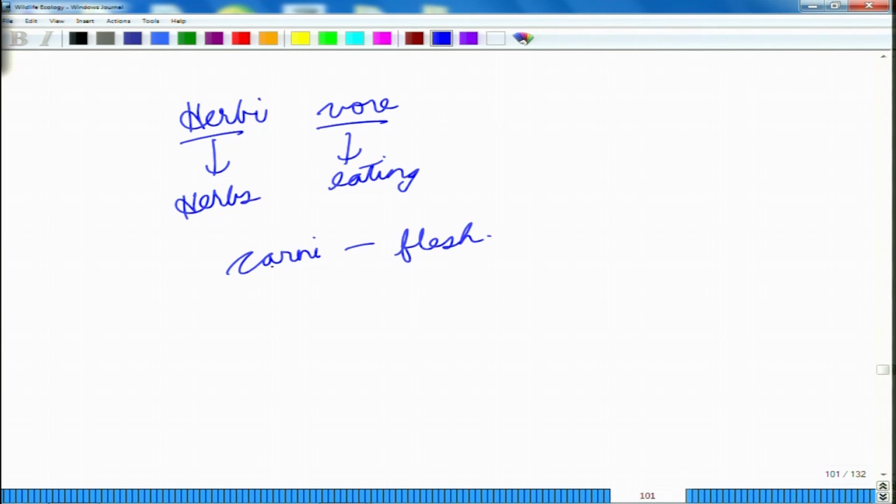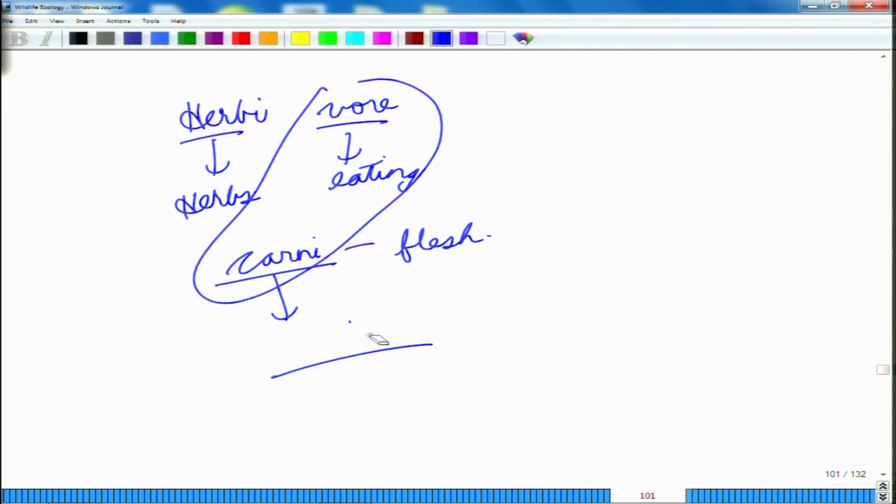This is the same word root that we also see in carnival, which is a festival of the flesh. That is how the word root goes. So, a carnivore is an organism that eats up the flesh. Omni means both or omni means all. So, an omnivore is something that eats up everything. It eats up the plants, it also eats up the flesh.